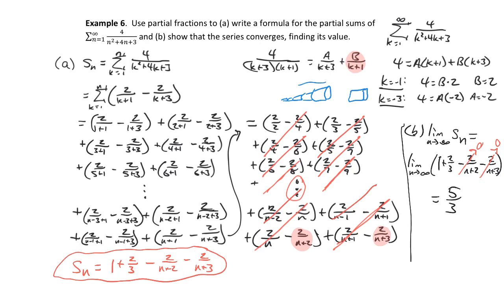You push it in this way and that way, and you end up with just one piece. So that's like these things canceling each other out. One thing that's really nice about these examples is that this is one other type of series where we can find the value of that particular series.